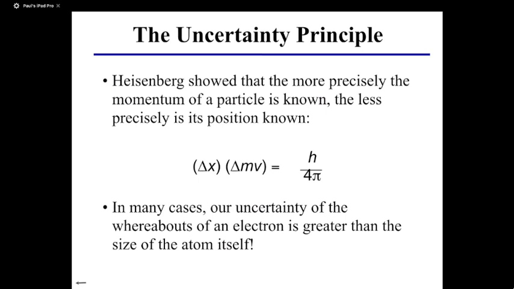And if you know where it is, you can't know its speed. There was an equation, and in many cases, our uncertainty about where the actual electron is, plus or minus, is larger than the atom itself.